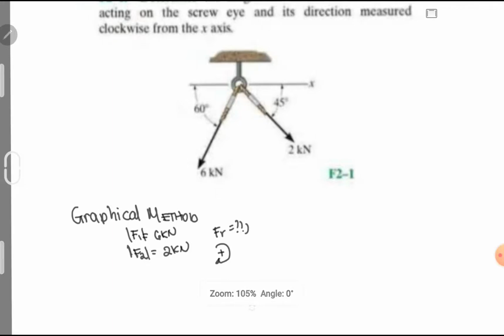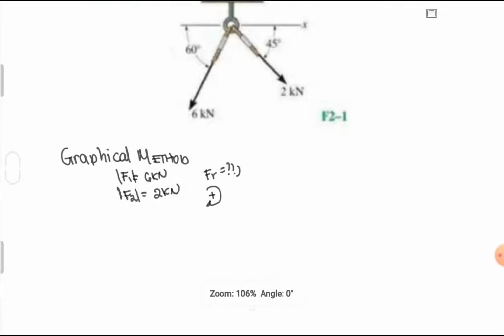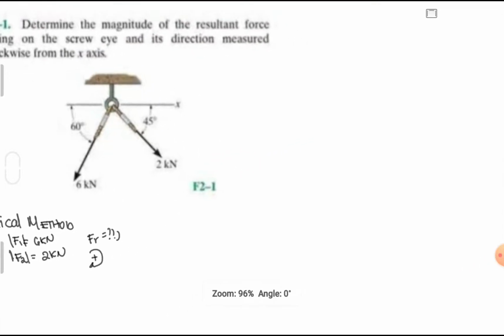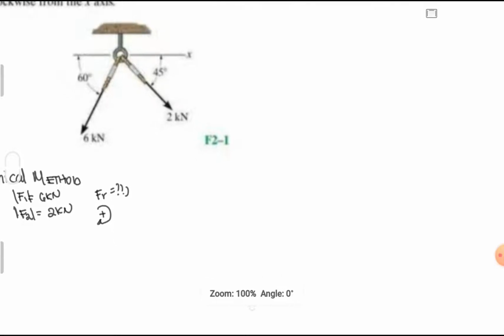Let us first use the graphical method. So if I have this 60 degrees and 45 degrees projection of my angle, let's say this is my figure.